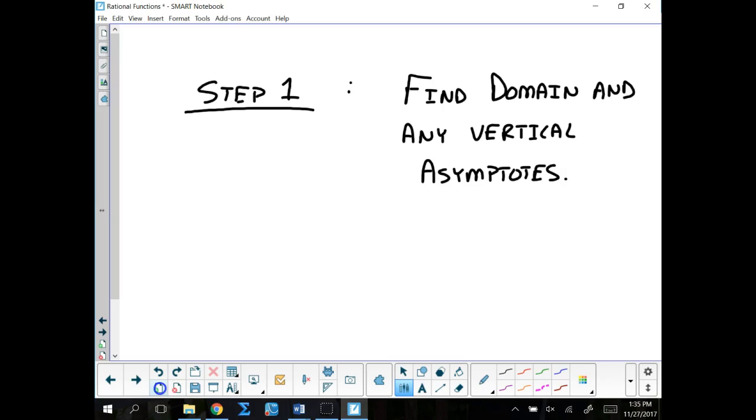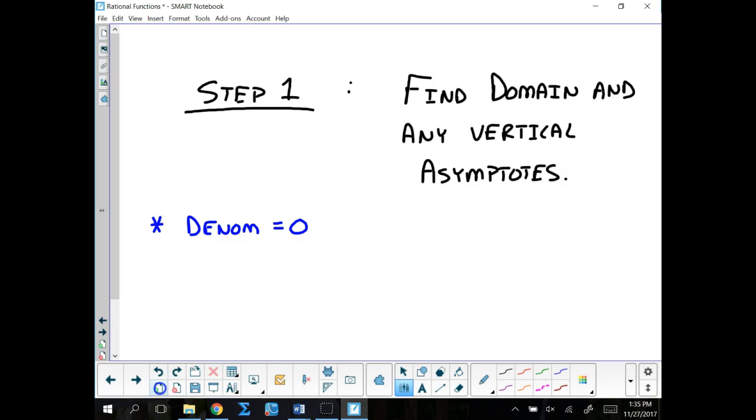How do you do that? How do we find the domain? Bingo. So we set the denominator equal to 0.